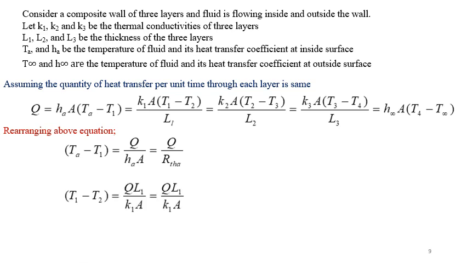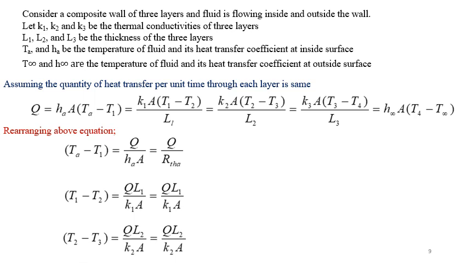Similarly, the second term: Q is equal to K1 A into (T1 minus T2) divided by L1, so T1 minus T2 is equal to Q into L1 divided by K1 A. Taking L1 by K1 A as the thermal resistance R_th1, that is also possible.